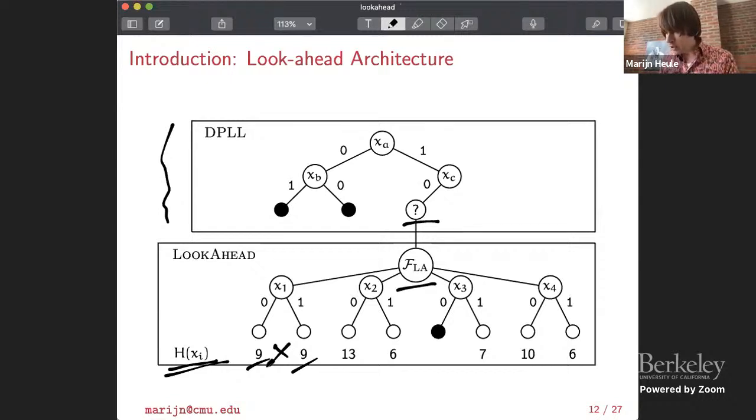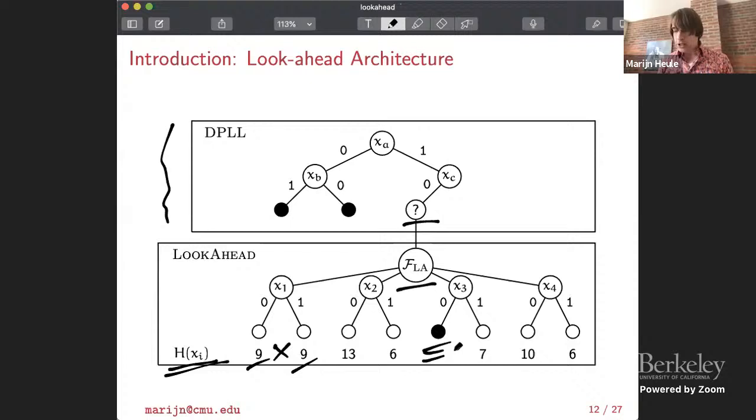But notice that if you do a look ahead, sometimes the look ahead can result in a conflict. So if we assign x3 to false, it can result in a conflict, which means that all satisfying assignments must have x3 to true. This is actually the easiest way of local learning.